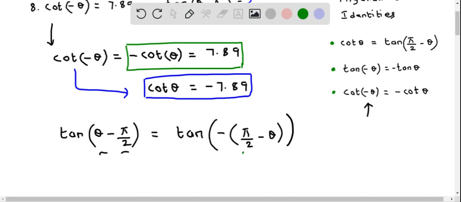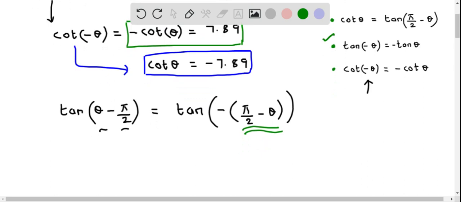Now we consider this as the angle, that is tangent of negative of some angle. We can utilize this trigonometric identity, which says that tangent of a negative angle equals negative of tangent of the angle. So this equals negative of tangent of pi by 2 minus theta.